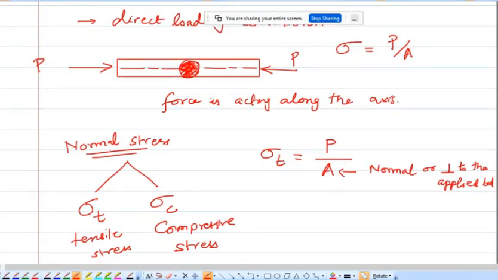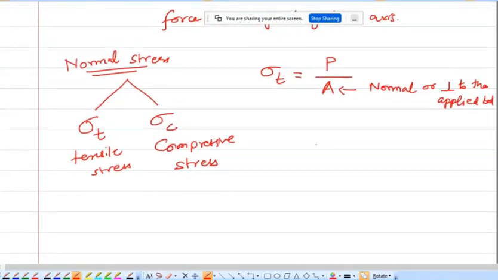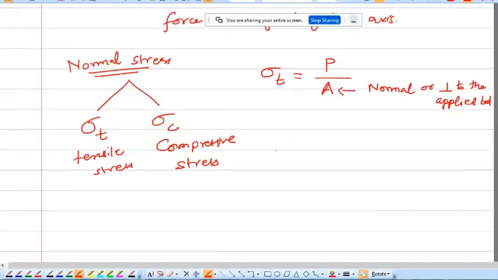Like this, you can define a tensile stress or a compressive stress. In both tensile and compressive stress, the formula is the same, force by area. The area is always normal or perpendicular to the applied load. So that's why it is called a normal stress.